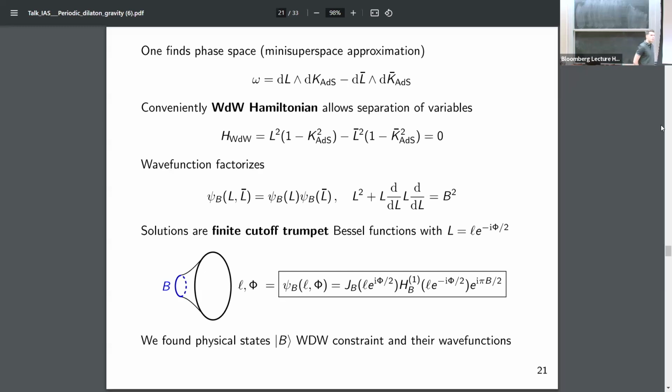I just missed, why is the phase space different than JT? Why is it 4-dimensional or 2-dimensional? It's not, it's actually the same. In JT, it's 4-dimensional prior to imposing a constraint. Just like if I do finite cutoff JT, I would also fix the dilaton and the length, for instance. But still, if I take an inner product on slices, I only do one integral instead of two integrals.